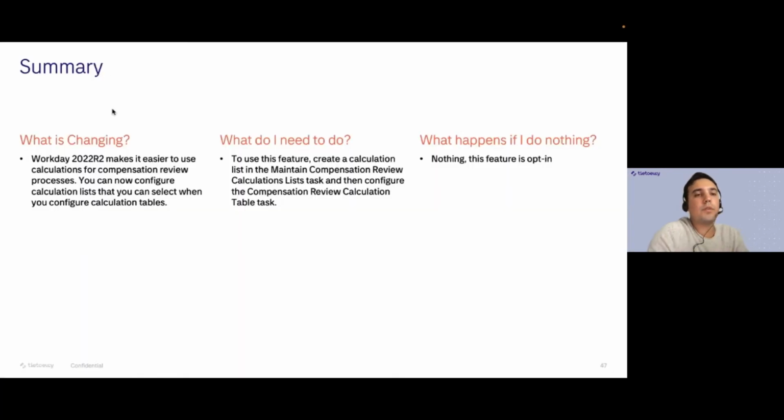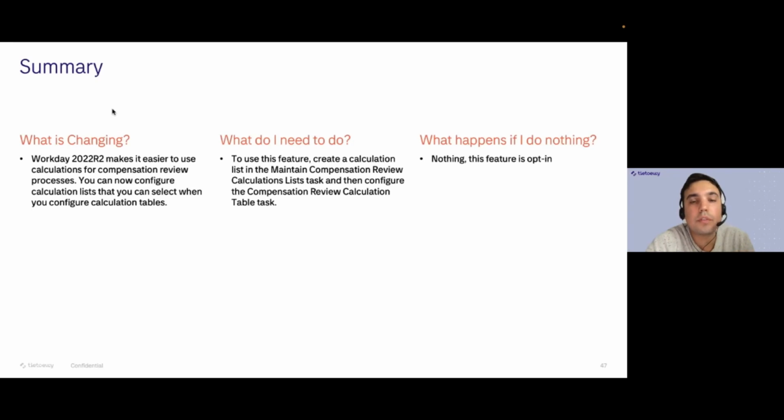So what's changing? With this new feature, Workday created a new calculation list for bonus calculation, and you can select from this list and have an impact on your bonus factor calculation. To use this feature, you need to create a list with a maintain compensation review calculation list, and then configure it in your compensation review calculation table.